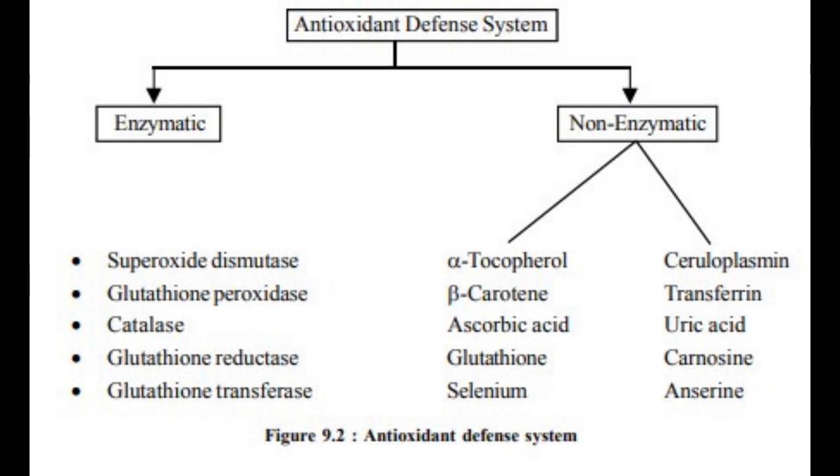Selenium is a component of the enzyme glutathione peroxidase, which neutralizes hydrogen peroxide and converts it to water and oxygen. It also converts peroxidized lipids into stable and harmless products, thus breaking the chain reaction of free radical production. Iron is a component of the enzyme catalase, which converts hydrogen peroxide to water and oxygen.